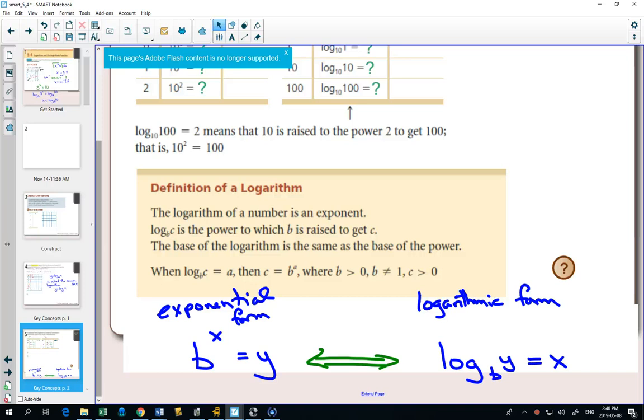The base in exponential form corresponds to the base in logarithmic form. The exponent in exponential form is the answer in logarithmic form. And the whole reason we have logarithms is to solve for exponents, so it makes sense that the answer would be the exponent. And the answer in the exponential form is what's inside of the logarithm.